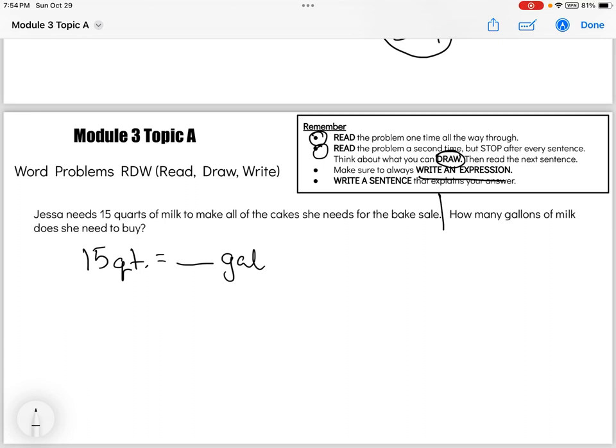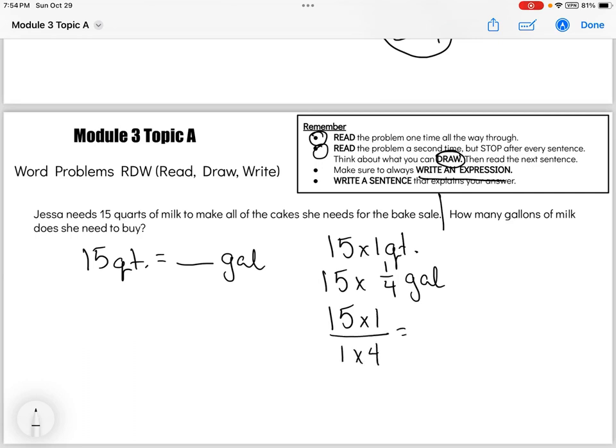Step 1, break that unit. So 15 times 1 quart. Now renaming that unit. 1 quart is the same as 1/4 of a gallon. And then we go ahead and solve. So 15 times 1 over 1 times 4 gives me 15/4.